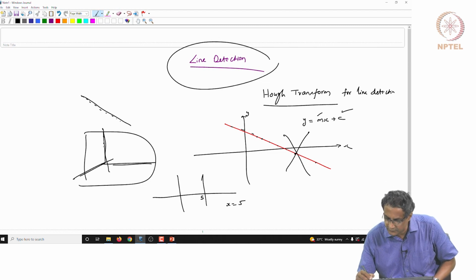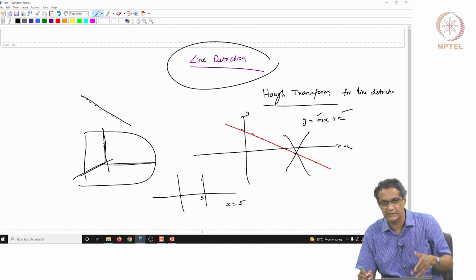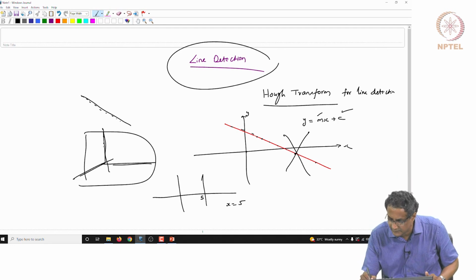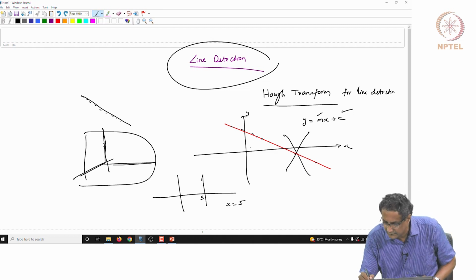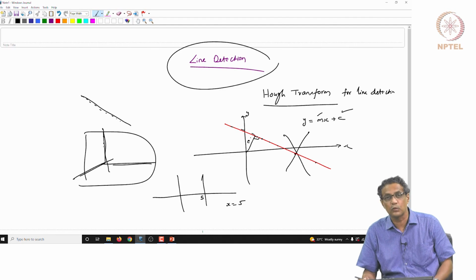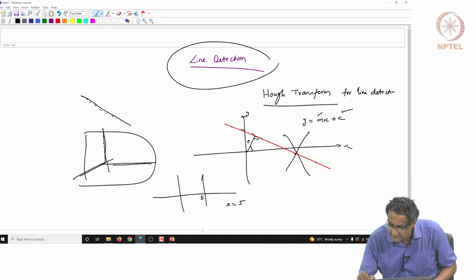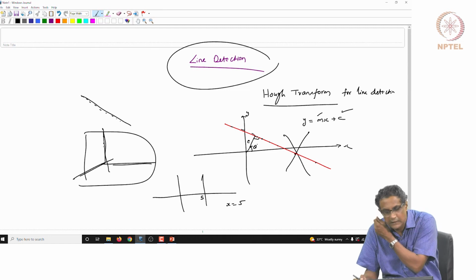Exactly. So for this line, from the origin you find a point on the line which is closest to the origin, which is along the line orthogonal to that line, the perpendicular. This length you call rho, and this you call an angle theta, with respect to the x-axis.